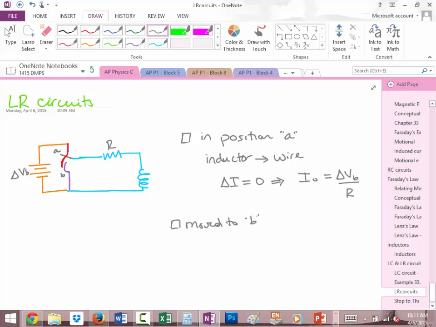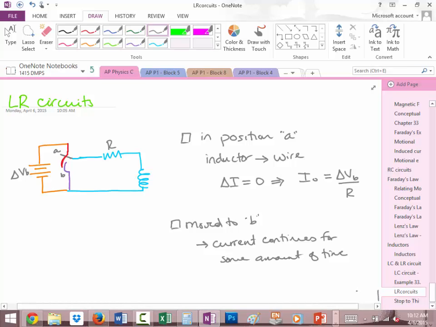It's the same kind of process that happens here. So when it moves to B, the current's going to continue for some amount of time, probably dependent on the resistor and the inductor. That would kind of make sense, right?